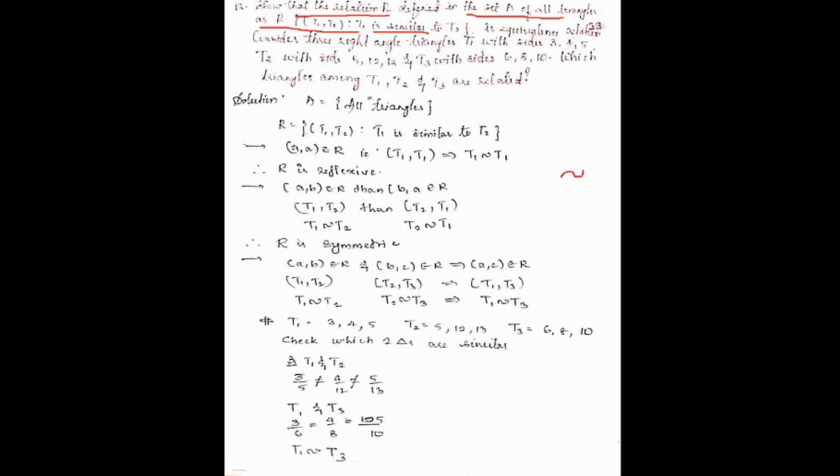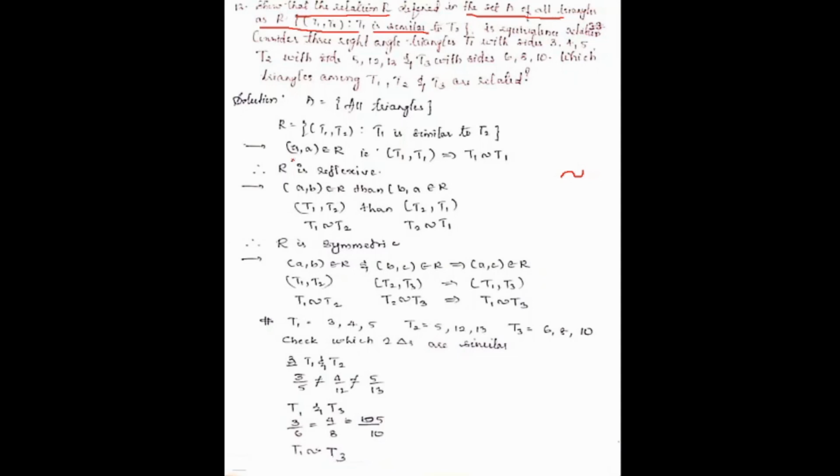Which triangles among T1, T2 and T3 are related? We'll go for the first part first. In the first part we have the set A of all triangles, and R = (T1, T2) such that T1 is similar to T2. So you have to prove it is reflexive, symmetric and transitive.